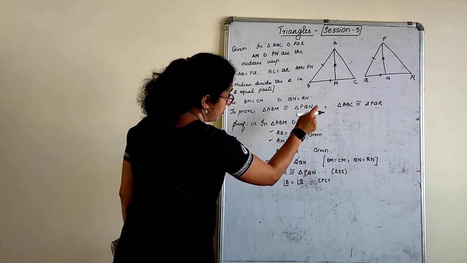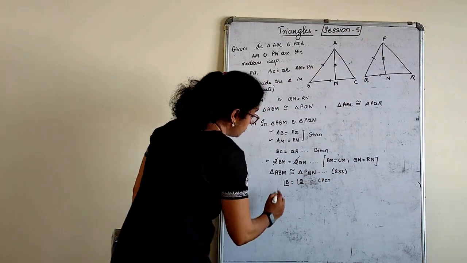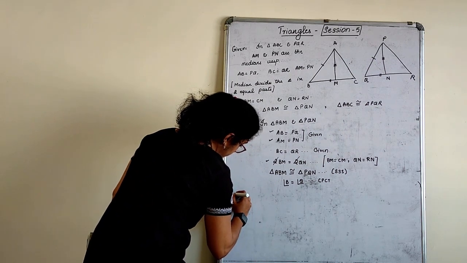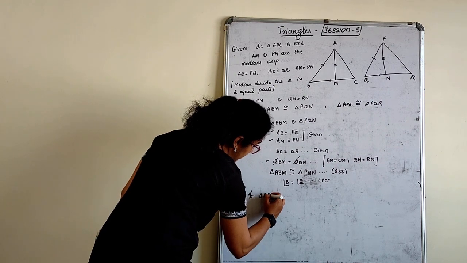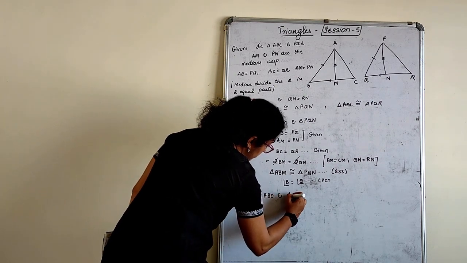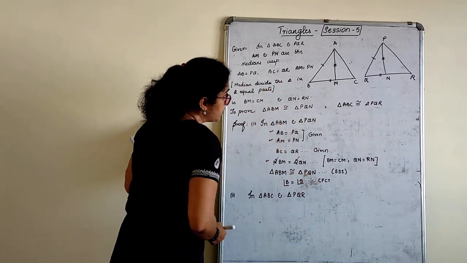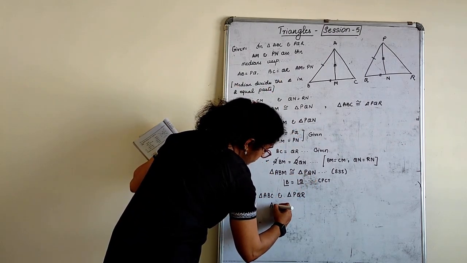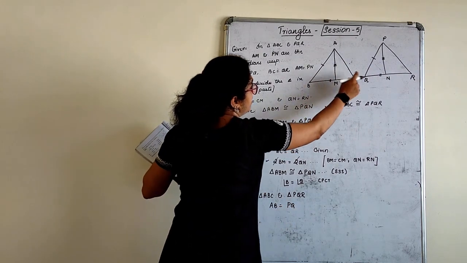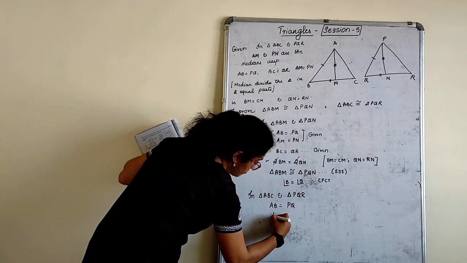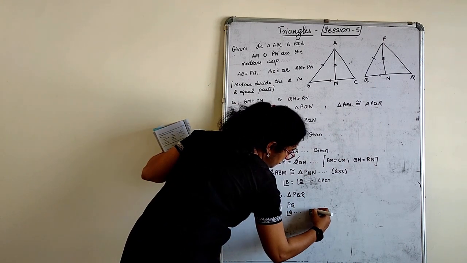ABM is equal to this. Now choose the whole triangle, ABC and PQR. Second part. In triangle ABC and triangle PQR, AB is equal to PQ. Okay. Angle B is equal to angle Q, proved above.